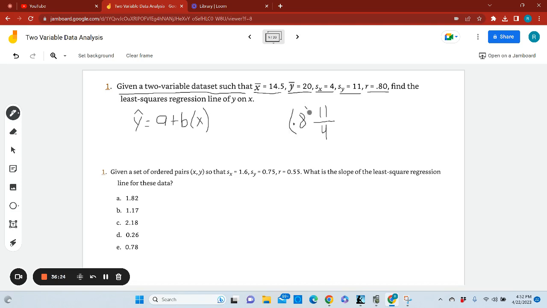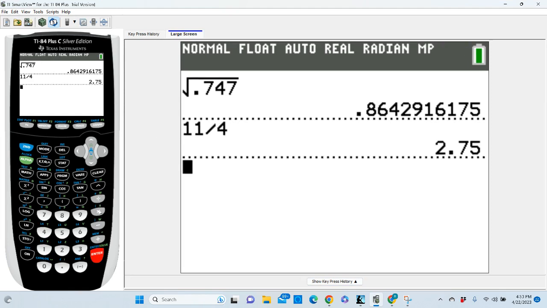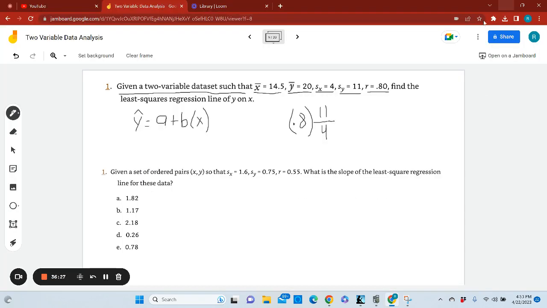So the first thing I'm going to do is calculate the slope. I'm going to do 11 over 4 times 0.8. And there's my slope. The slope of the regression line is going to be 2.2. Now I just need to figure out the y-intercept.